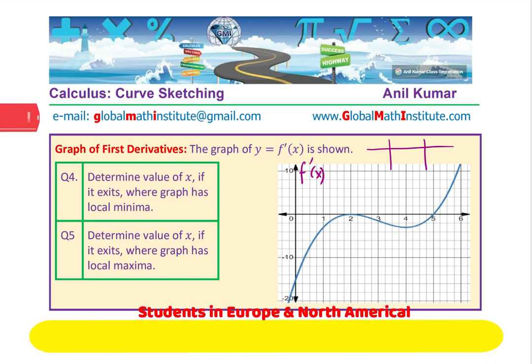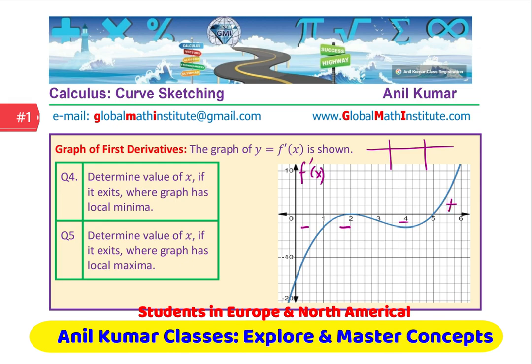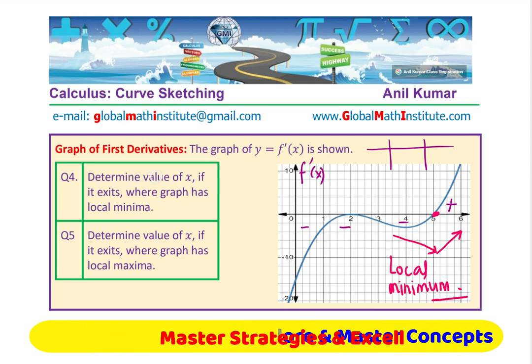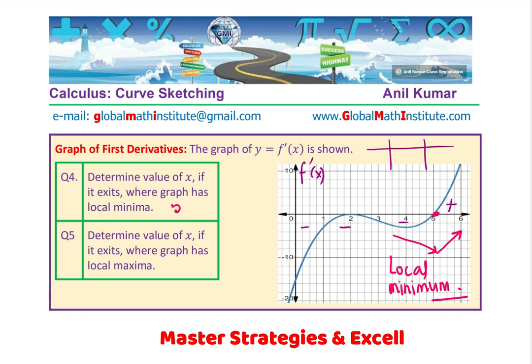So you see the first derivative here is negative, negative, negative, but here it is positive. So it does have a local negative to positive, right? So negative to positive means local minimum. Is that clear? And this happens at 5. So it has a minimum at x equals 5, right?